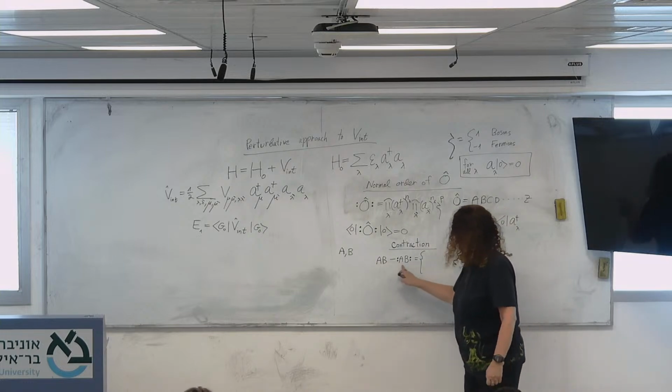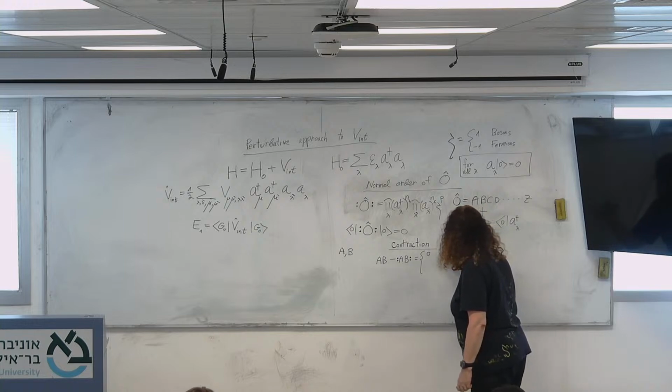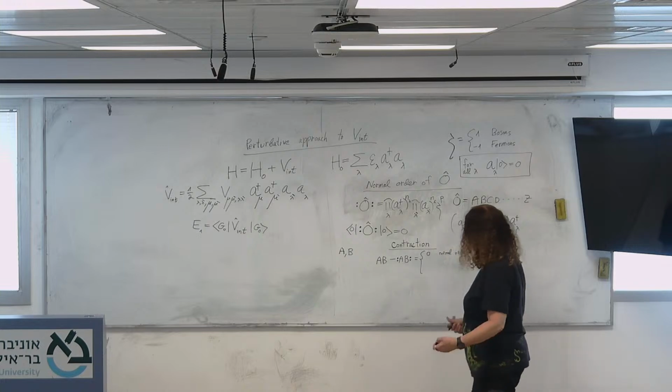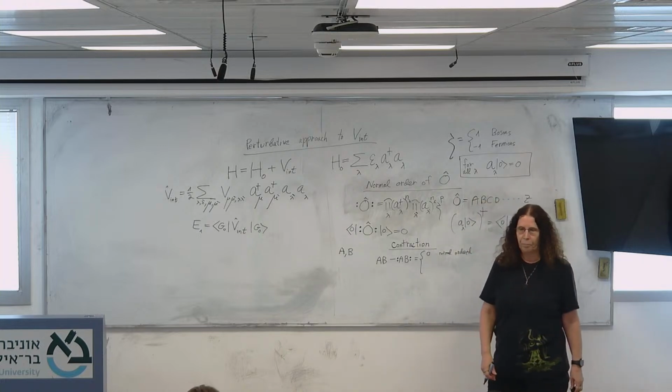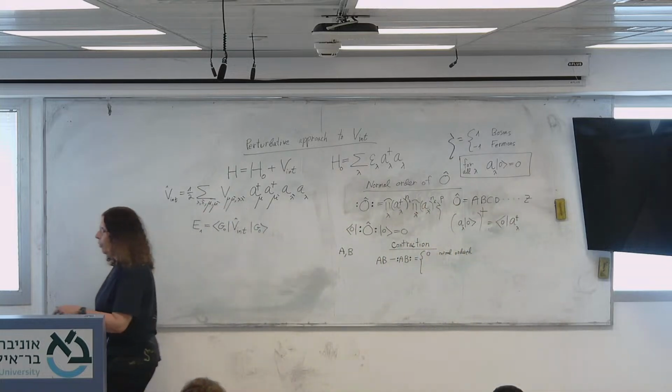Then what do you get for this? Zero. Okay, so it's zero if it's normal order. And if it's not normal ordered, okay, then what is it?